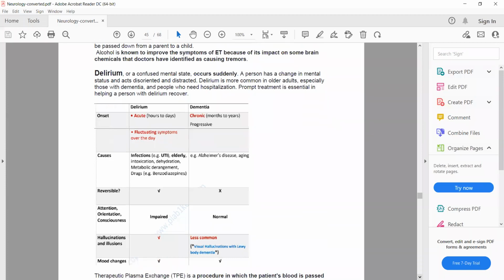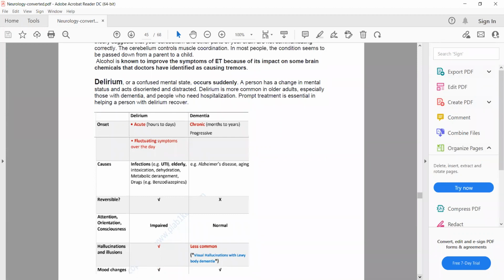Now, some points about delirium. Dementia and its causes are finished. So, dementia was a chronic condition of memory and behavioral problems, while delirium is an acute problem that occurs suddenly over a period of days and not months or weeks.